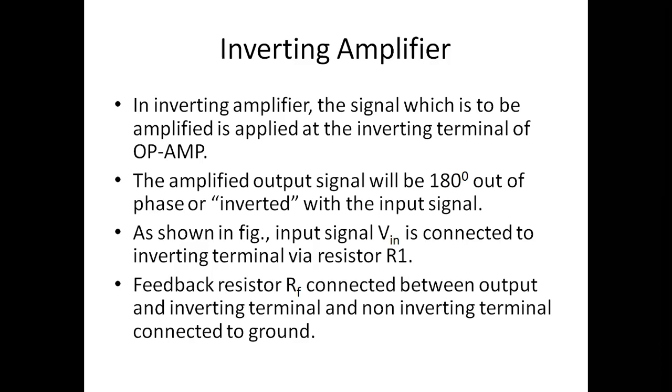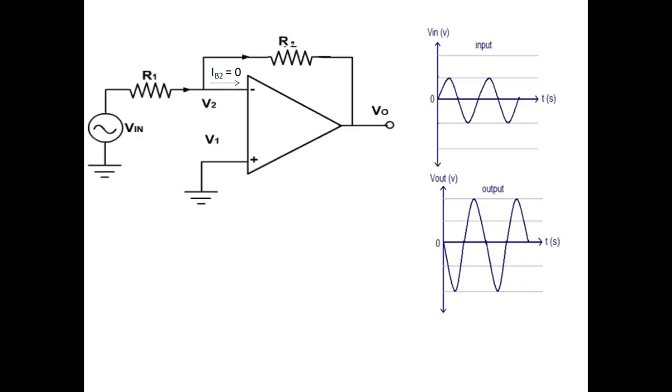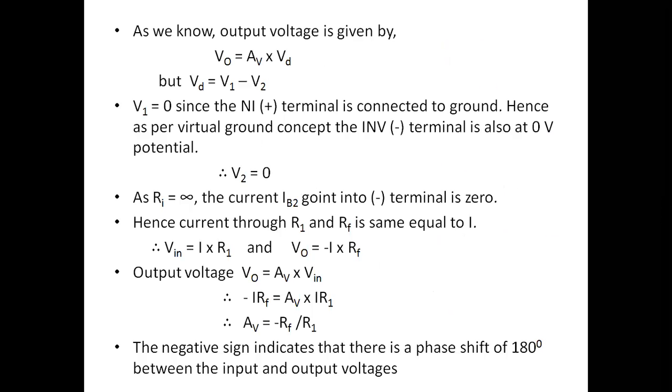So here we are connecting the non-inverting terminal directly to the ground. According to the virtual ground concept, if we connect the non-inverting terminal to the ground, the virtual ground concept tells that the inverting terminal will also be at ground potential. So we can take V1 equal to V2 equal to 0 volt.